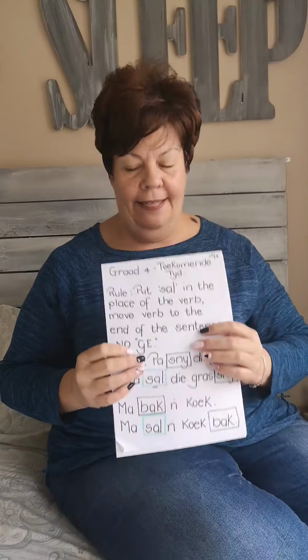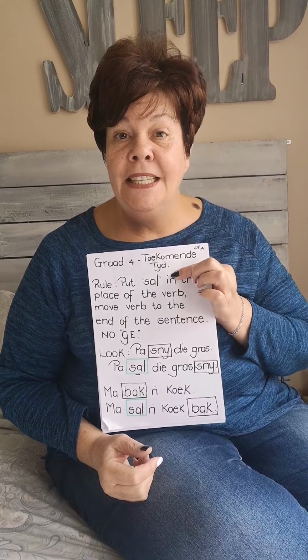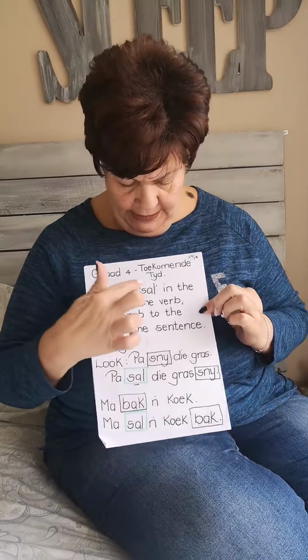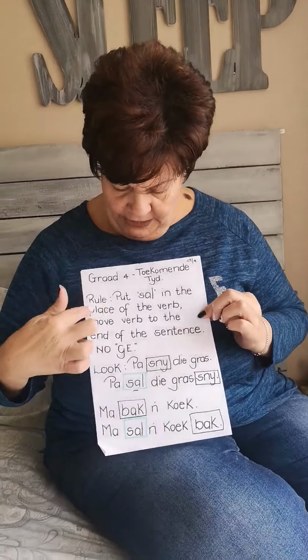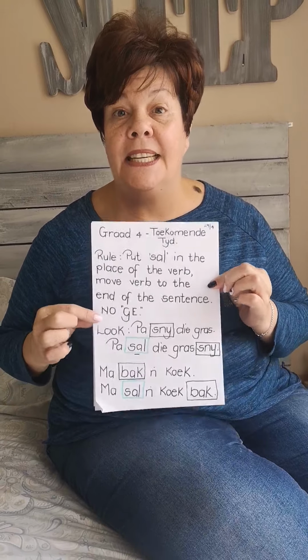So let's quickly look at the rule for Toekomende tyd. Toekomende tyd is future tense. Here's the rule. You put sal in the place of the verb, and the verb moves to the end of the sentence, and it does not get a ge. If we see the word Toekomende tyd, remember we use sal.